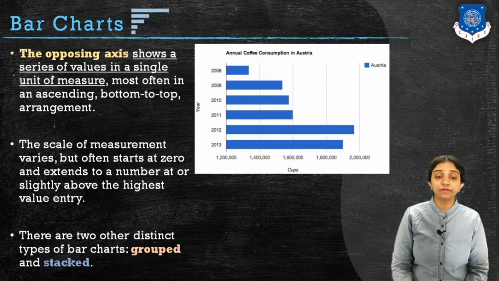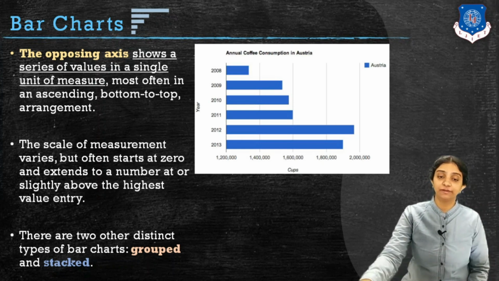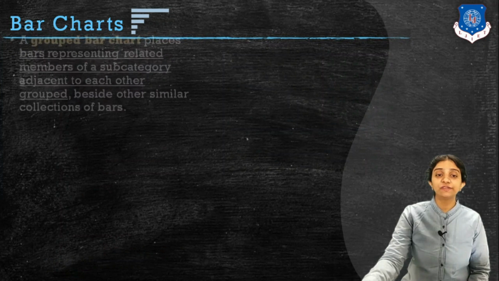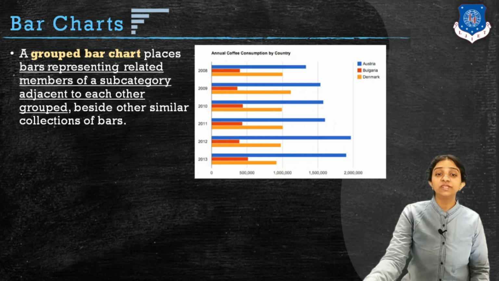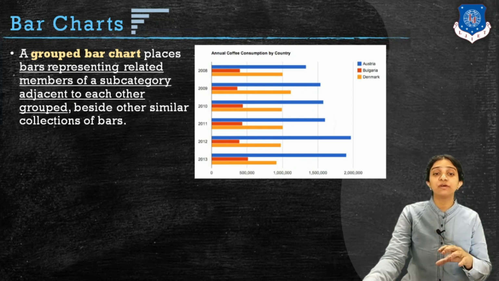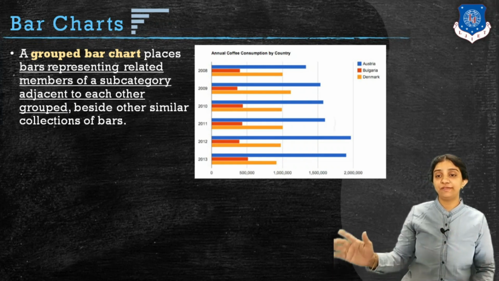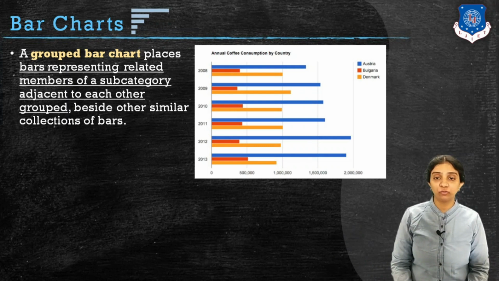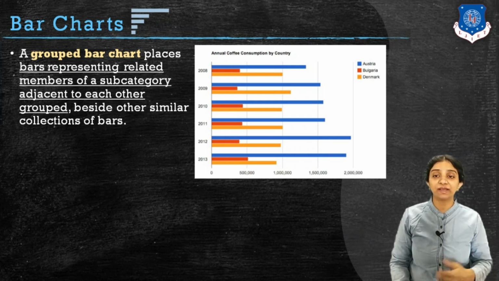There do exist two other variations of bar chart that are called grouped chart and stacked chart. So let us see what a grouped bar chart is. In a grouped bar chart, we place bars representing members of a subcategory adjacent to each other in the form of a group. Say for example, we have the same chart here which gives annual coffee consumption by country.